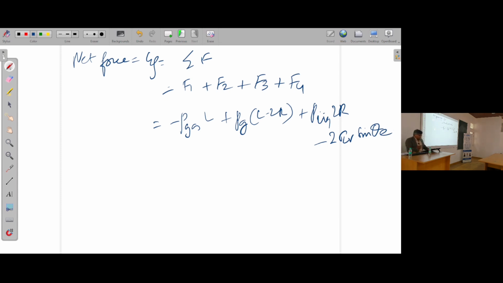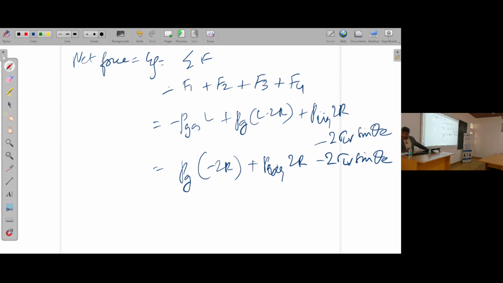Okay? So if I bring all of these terms together, the P gas terms, we'll get P gas times plus L minus 2R, plus P liquid 2R minus 2 sigma LV sine theta E. Okay?